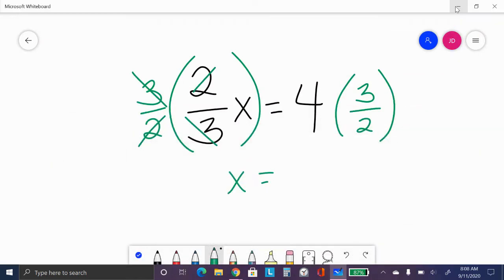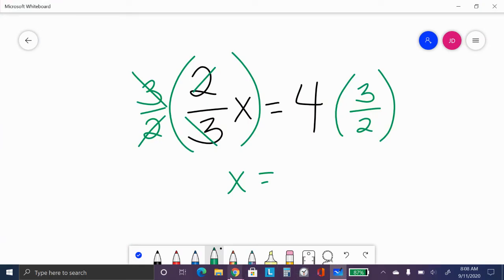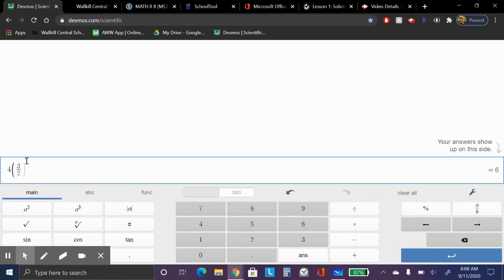What was the thing again? 3 divided by 2. So we have times, inside the parentheses, 3 divided by 2. And then we end the parentheses, and you get 6. But also, if you just did 4 times 3, which is 12, divided by 2, you would get 6 also.